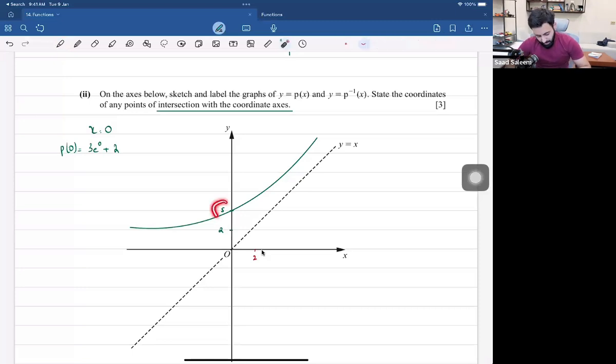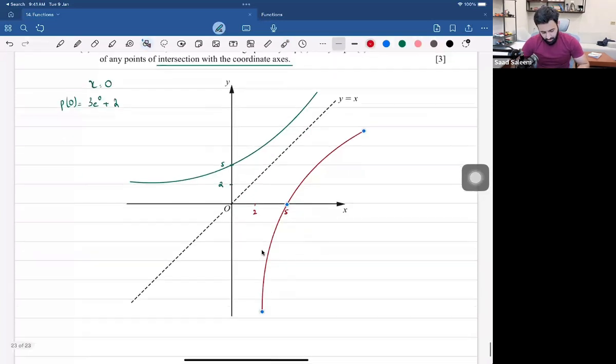And if f of x had a y-intercept at 5, this graph will have an x-intercept at 5 as well. So this is what the graph will look like. Let's complete the graph. And here we go. Job done. Do the two look like inverses of one another? Yes, they do.